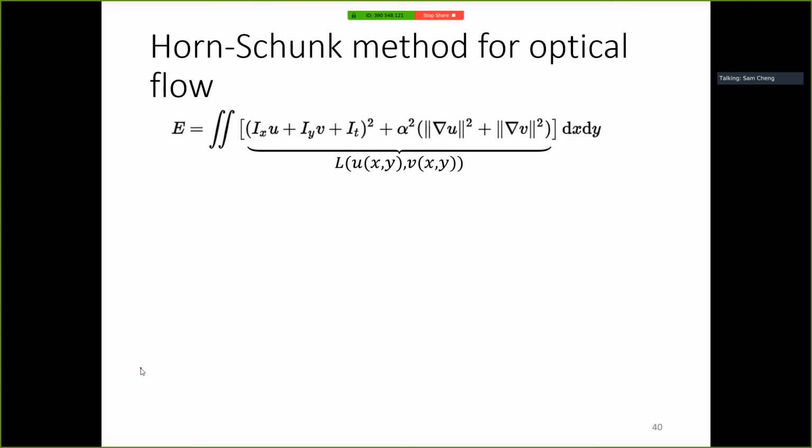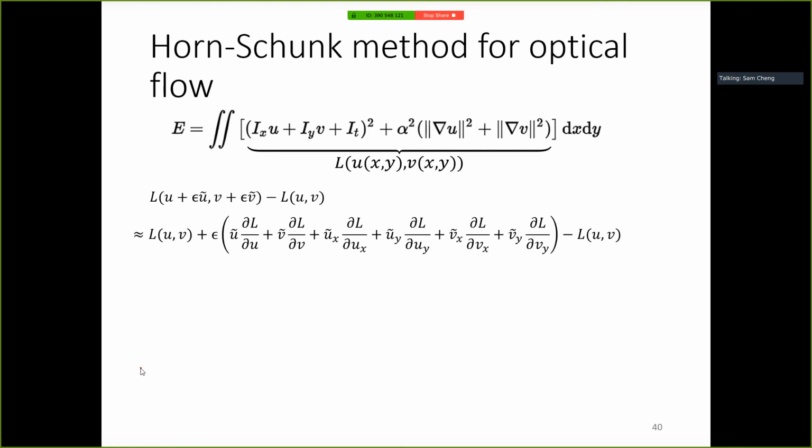So for this, I can again use a first order Taylor series expansion. L now will depend on u, v and also ux, uy, vx, vy.